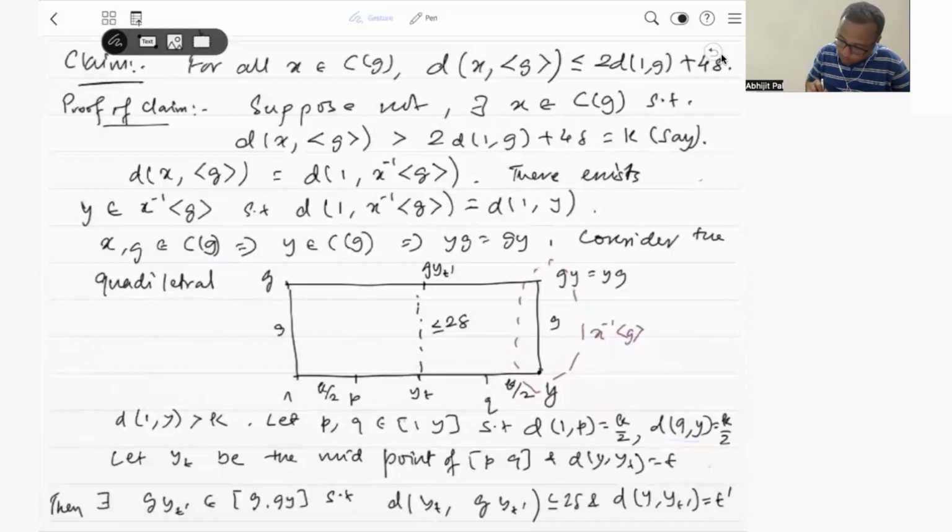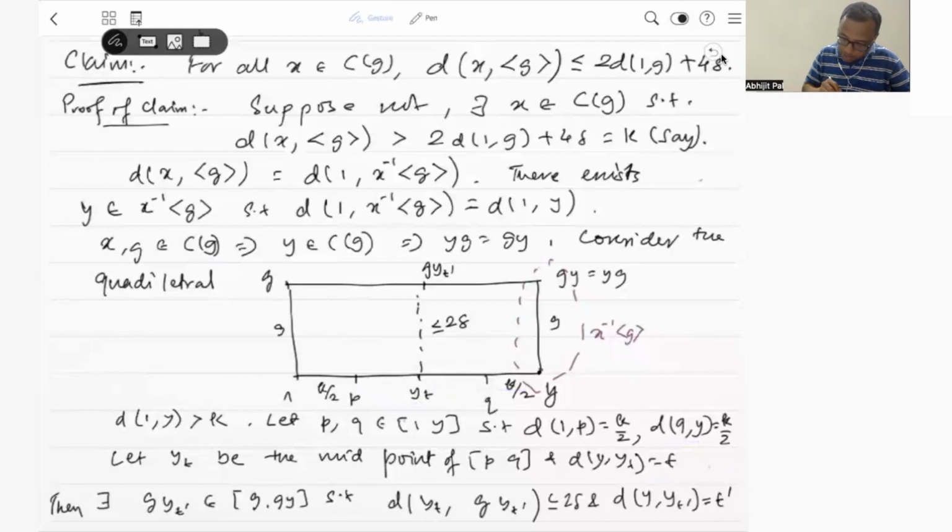And now let us take yt to be the midpoint joining this P and Q. And let us take the distance between y and yt to be equal to t.